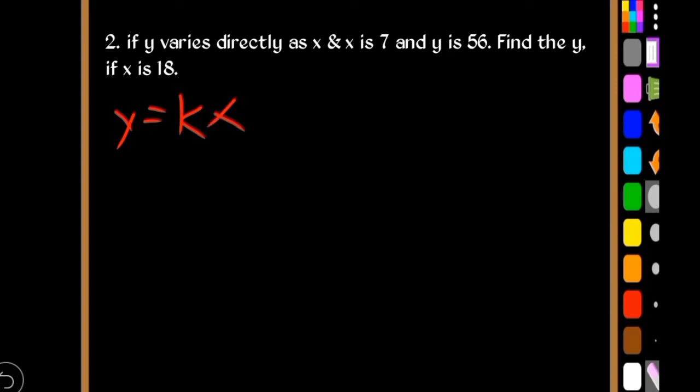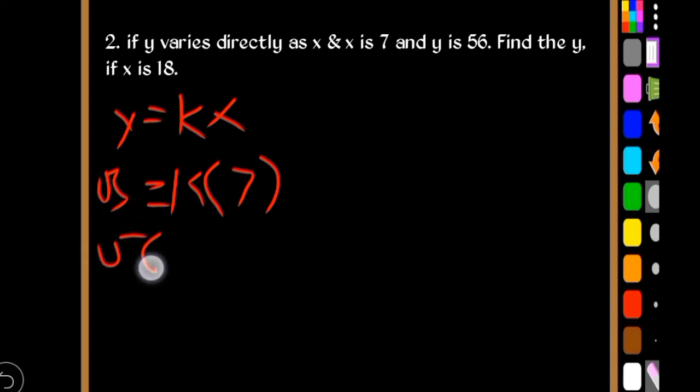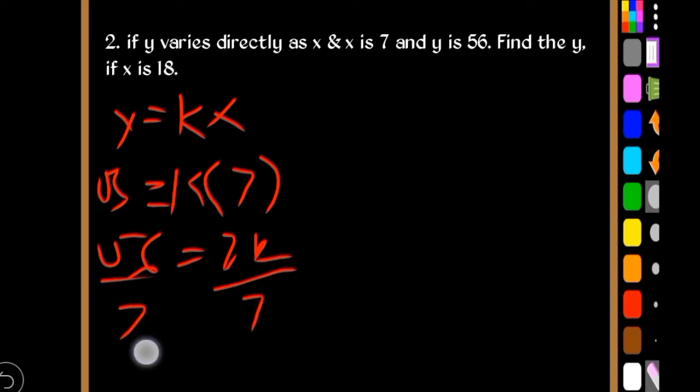So let's substitute. Our x is 7 and our y is 56. So 56 equals 7k. Let's divide both sides by 7. So our k is 8.